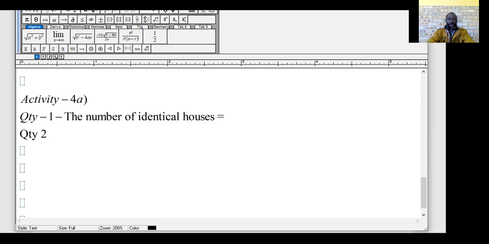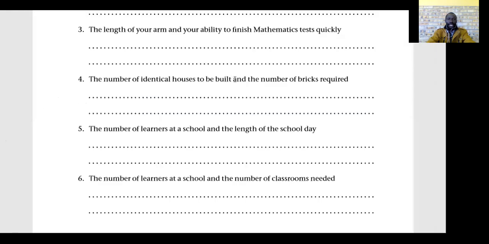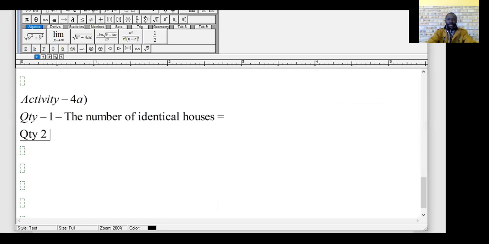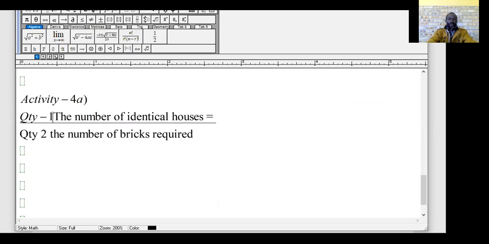Quantity 2 is the number of bricks required. So the number of bricks required is the second quantity right there.